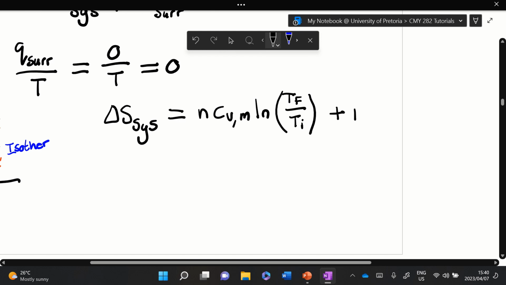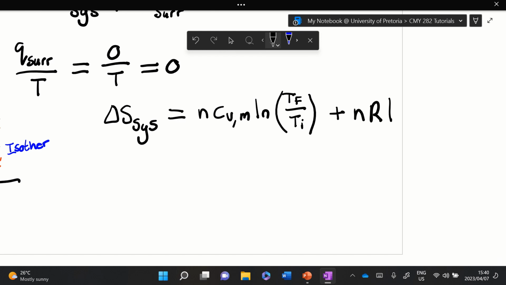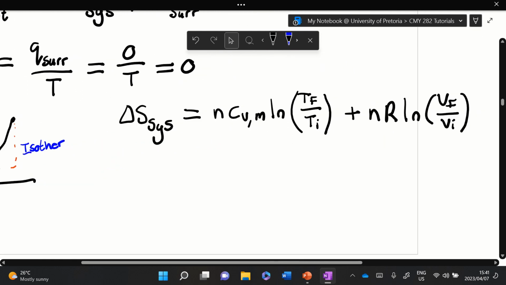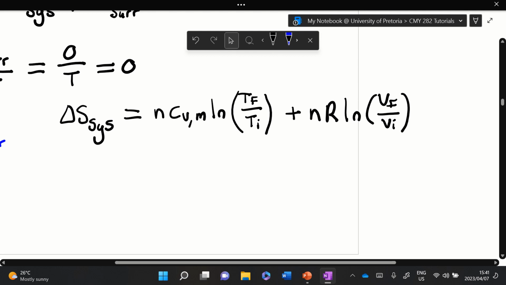And then we have the next part, which is nR ln(V_F over V_I), which is for the isotherm, while the temperature is constant. That's how we sum it: the curve is equal to the sum of the two straight lines.